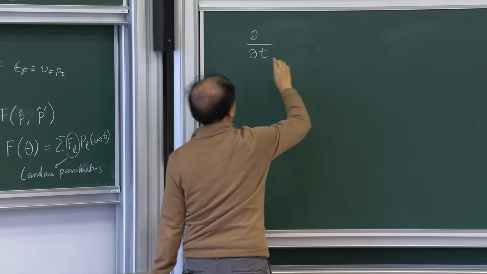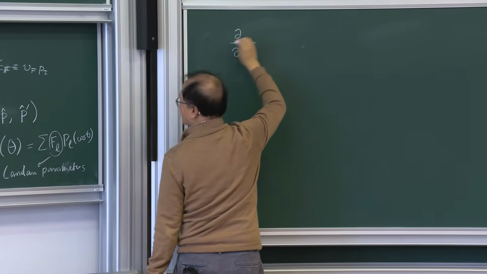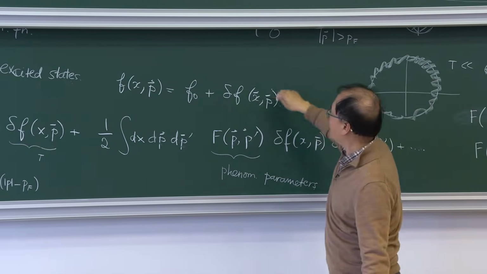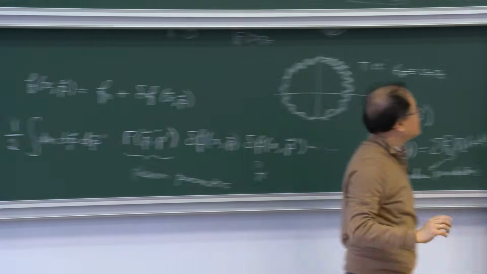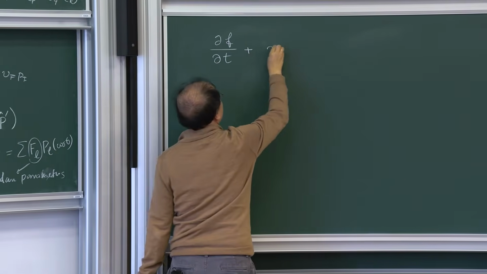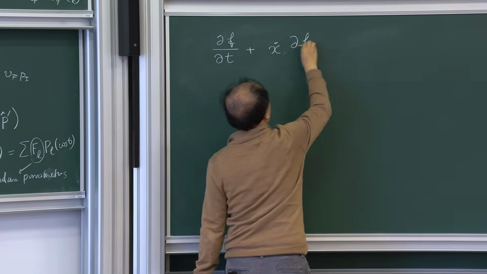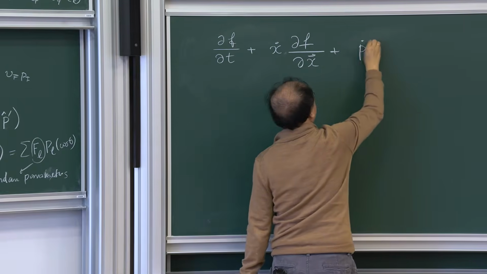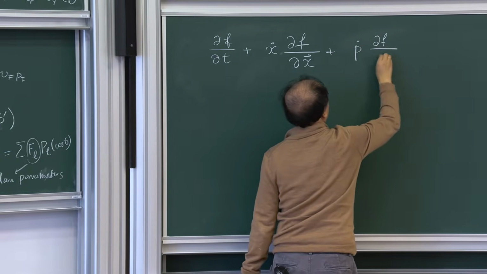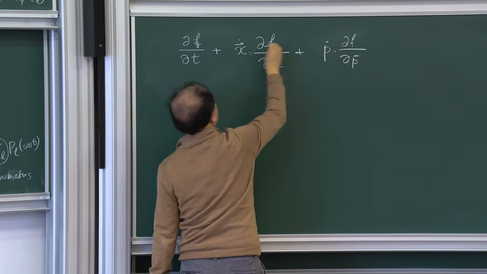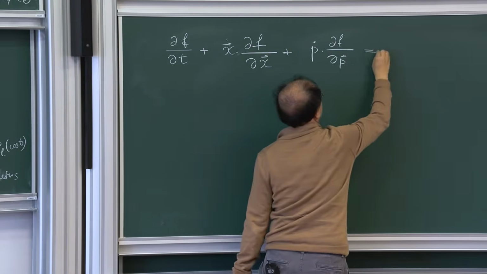So if we have a system of fermions that in the initial state is described by some distribution function, its evolution over time is given by the following equation: x dot df over dx plus p dot df over dp, where all these are vector products, equal to 0.